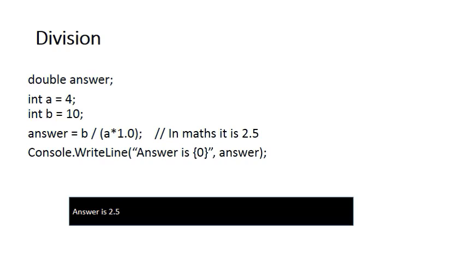So you can see it as being 4.0. Now I'm saying B divided by 4.0, or int divided by a double. As soon as one of the two becomes a double, the answer is now also a double. So now I get 2.5 and it's assigned to the double variable answer, and 2.5 is printed. So that multiplied by 1.0 is the trick to get a double answer.